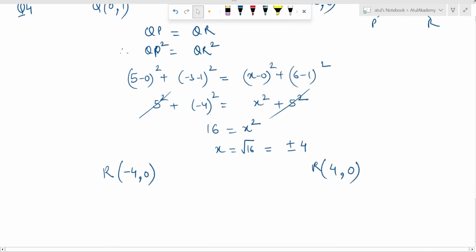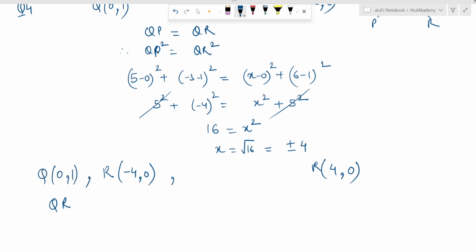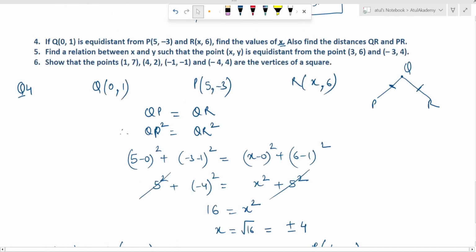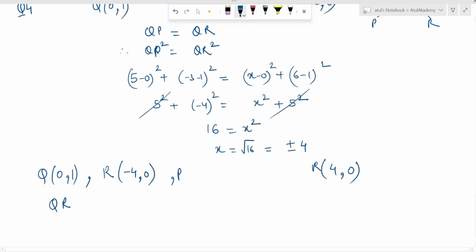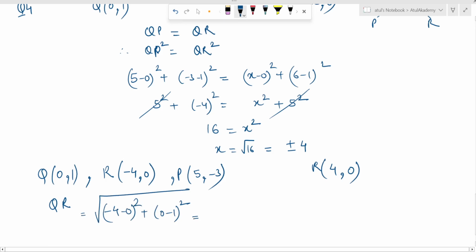Now I have R, I have Q, I need to find out QR and PR. So Q is given as, let me just write them again, this, and P is given as (5, minus 3). Okay, let's find out QR. So QR will be given by (4 minus 0) whole square plus (6 minus 1) whole square.